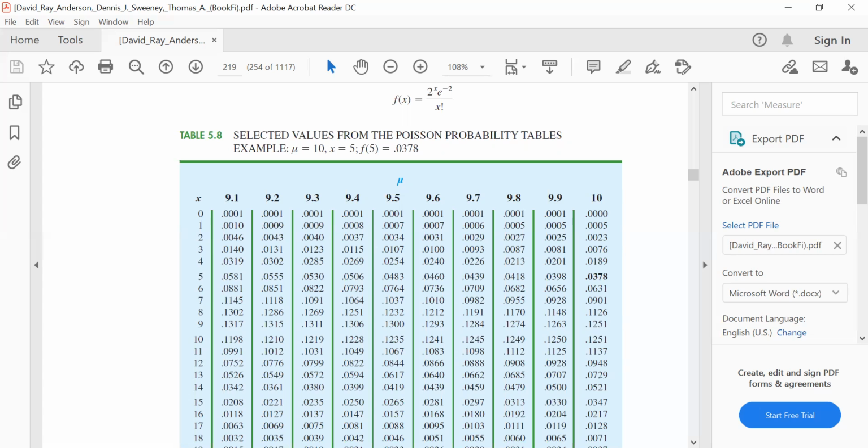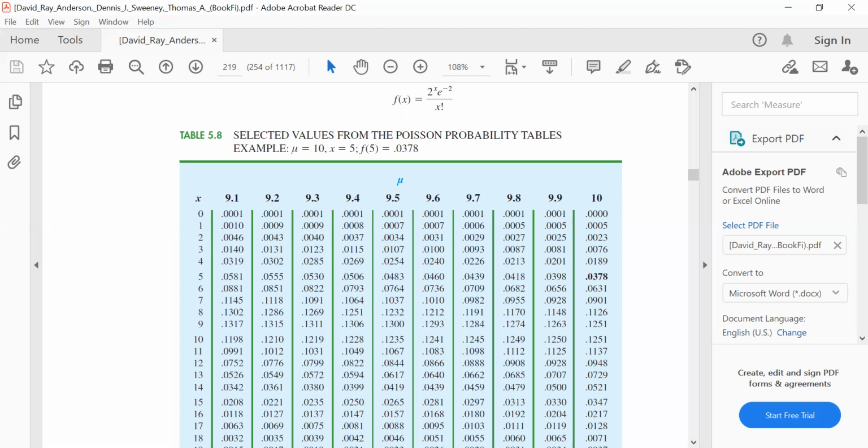These values are for the mean values and the left hand first column is the values of x. Now we have the value of mean is 10. So we'll look into the column of 10 and x as 5.